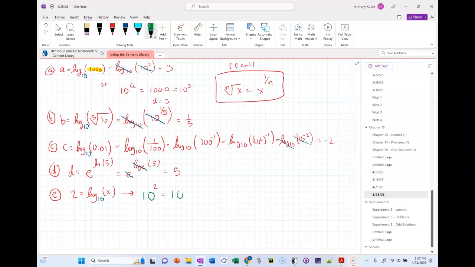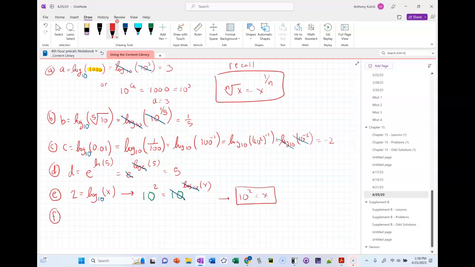And I'm going to write the right-hand side as 10 to the log base 10 of x. Again, since I'm doing that to both sides of the equation, it's okay. The reason why I wanted to do that is the log base 10 cancels with the exponent base 10. So we just have that 10 squared is equal to x, or x is equal to 100. Either is okay. Is that okay with everybody?